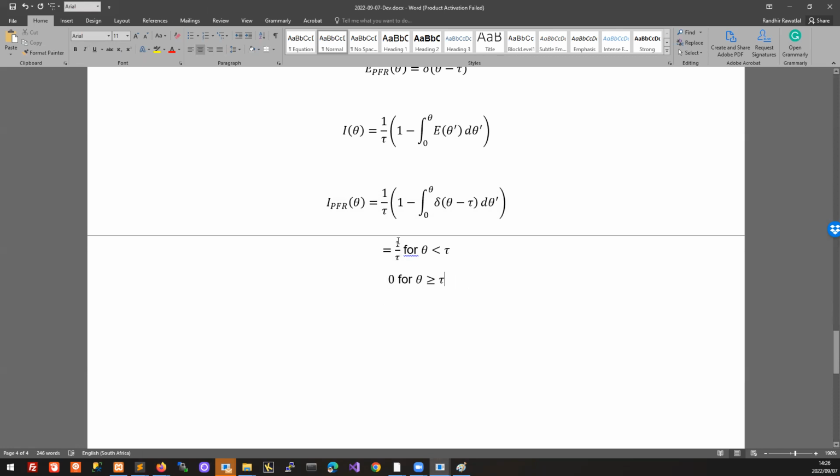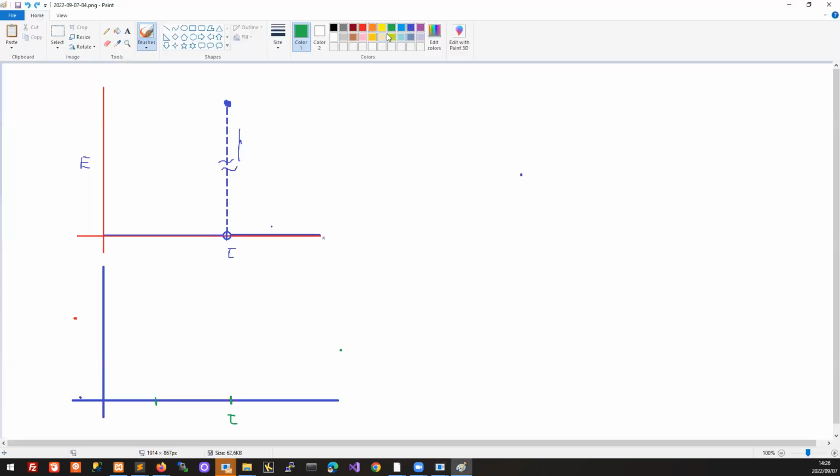Okay, so that's the function. It's saying it's constant up to tau, and then after tau, it's 0. So if we draw that, it's constant at 1 over tau up to tau, and then after tau, it's 0. And let's just put this in also.